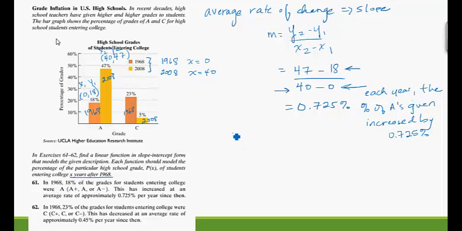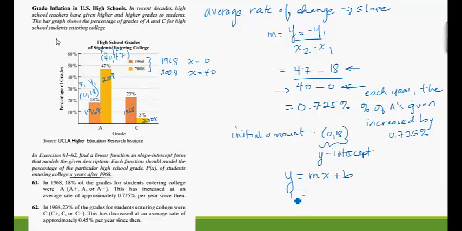The initial amount in year 0, the percentage was 18, so 0.18. And so our initial amount is going to be our y-intercept. So if we were to write this as a linear equation in slope-intercept form, y equals mx plus b, our rate of change is 0.725 per year, where x is the number of years after 1968, plus 18.